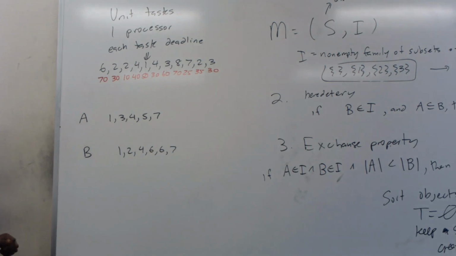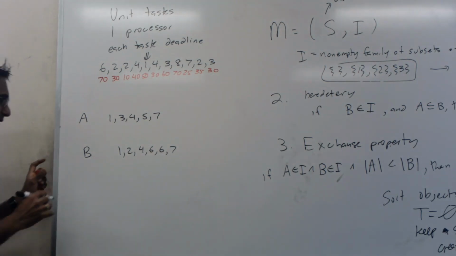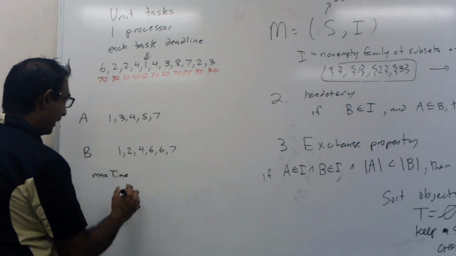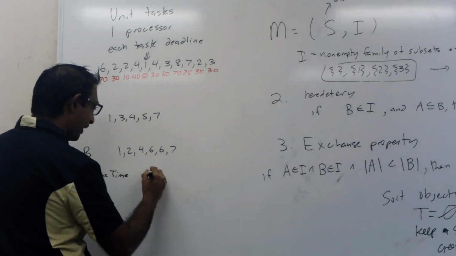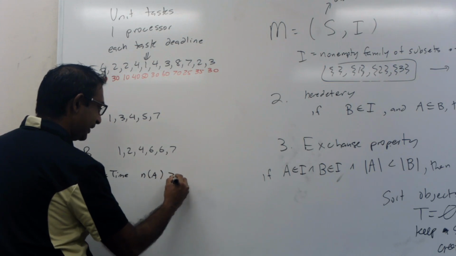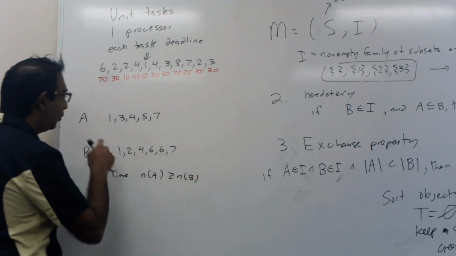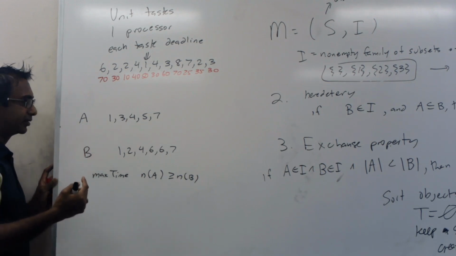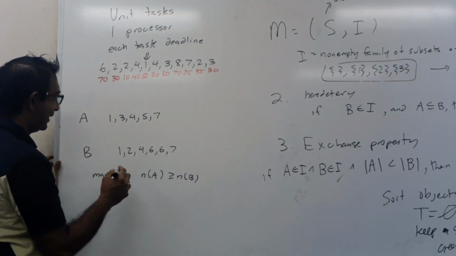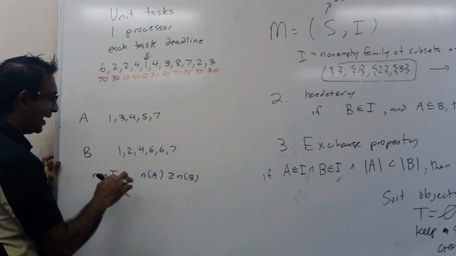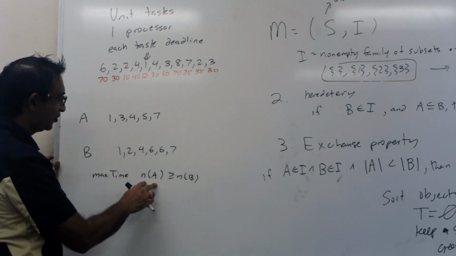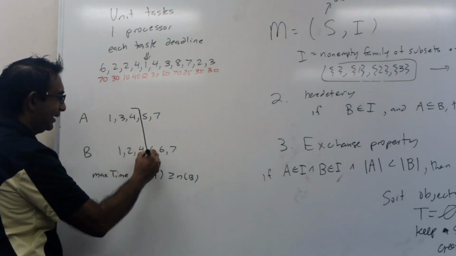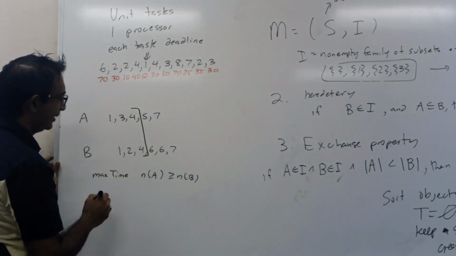So what we want is the last point in time, max time, where the number of items for A is greater or equal to the number of items for B. We know that they both start at 0, so there must be some point where this is true. So we can see that the max time where A has finished as many items as B is time 4.